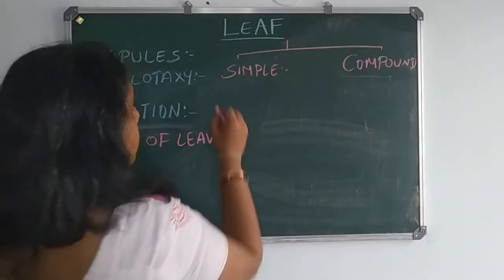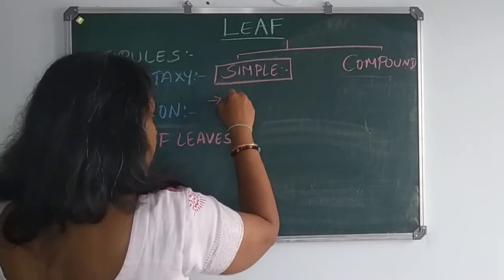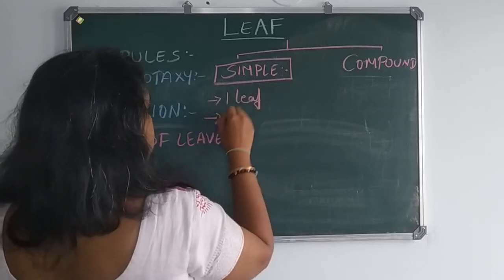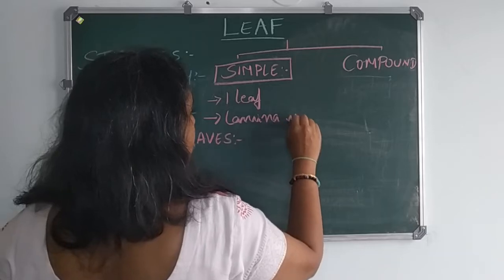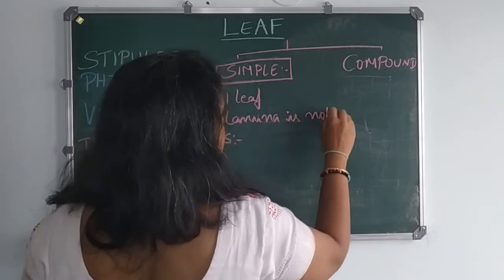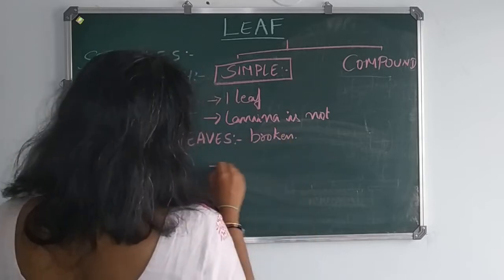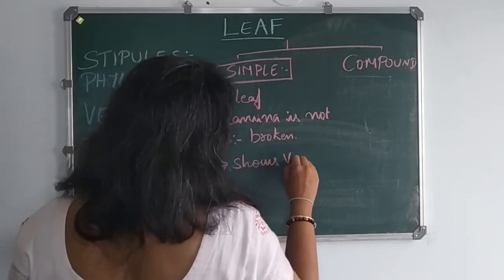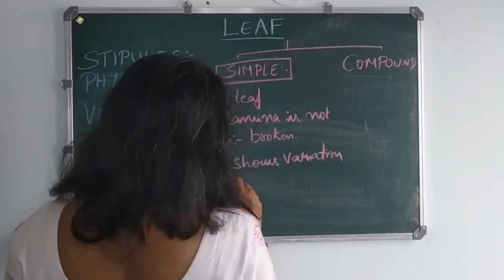The simple leaf, as the name itself suggests, is only one leaf. The lamina is not broken, but shows variation in serrations.